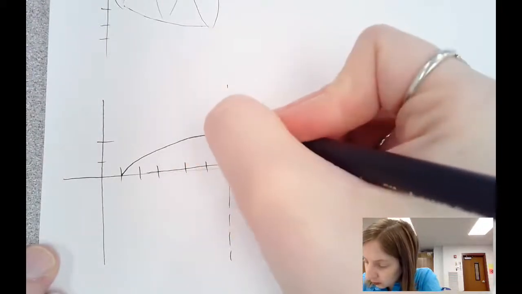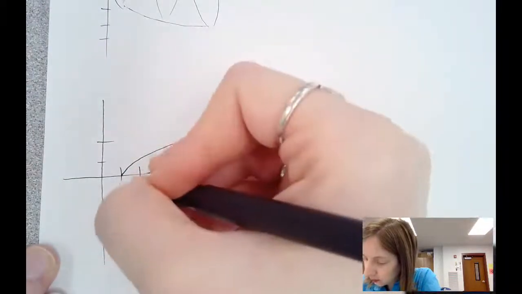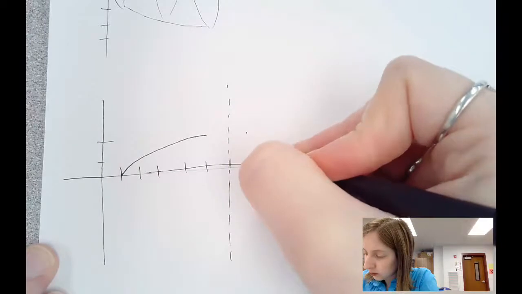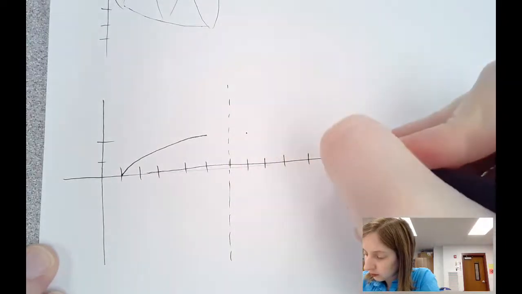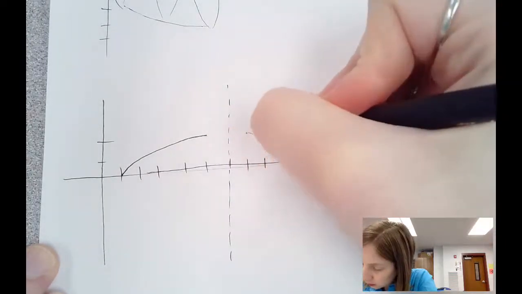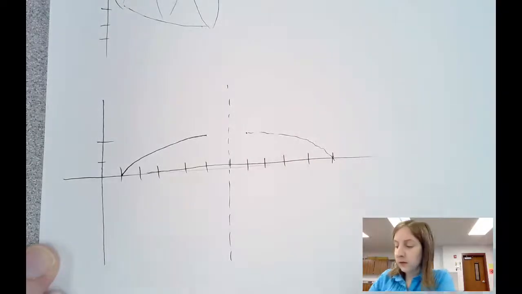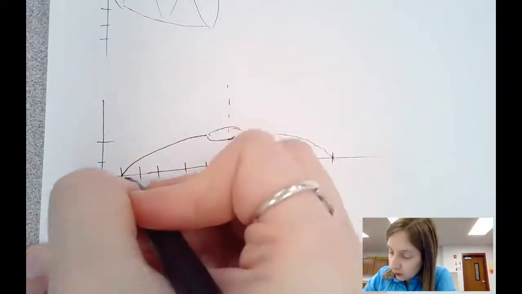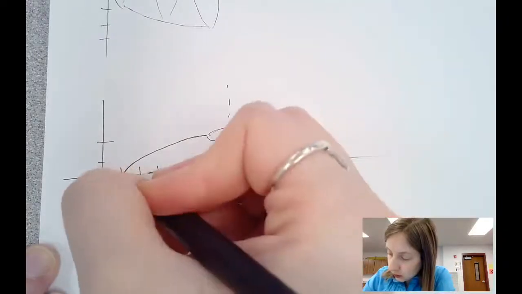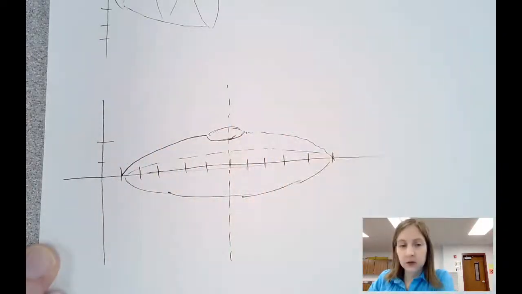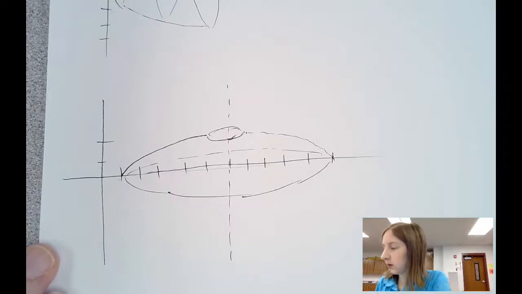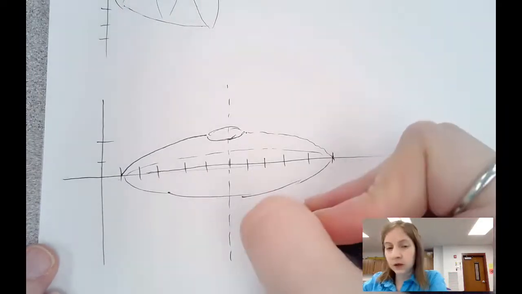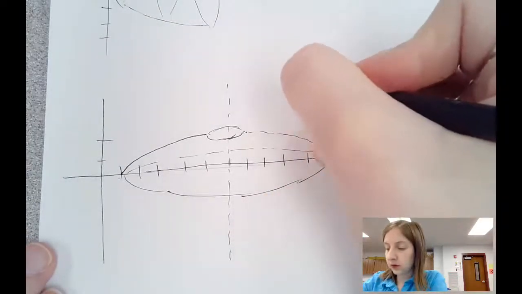So that reflection is going to be right there. So we're revolving it this way, so finding the surface area of this type of shape. I'll put it right here if you guys can still see that.